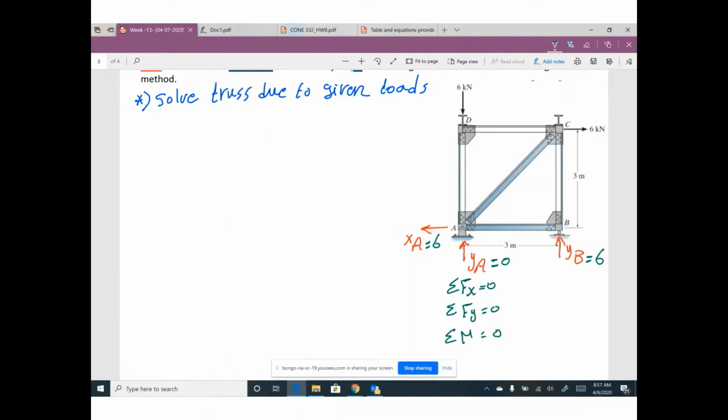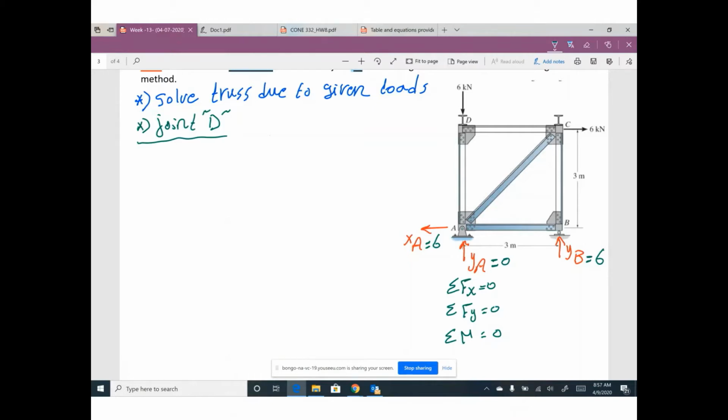Then we need to solve this truss. Let's start with joint D. Actually, I don't have a guide to tell you which joint to start with. You can start with any joint, but keep in mind, I cannot start with a joint with 3 unknown members.